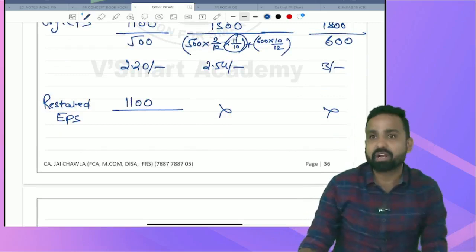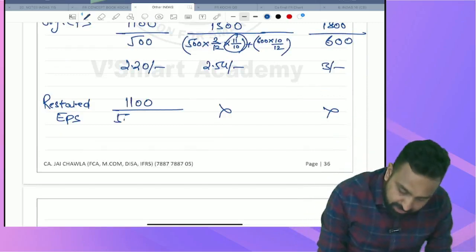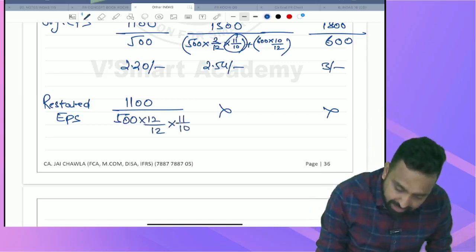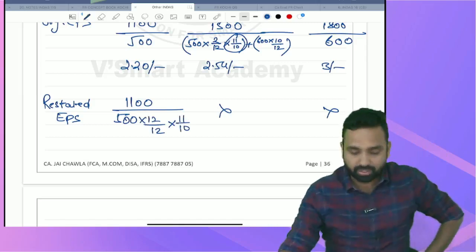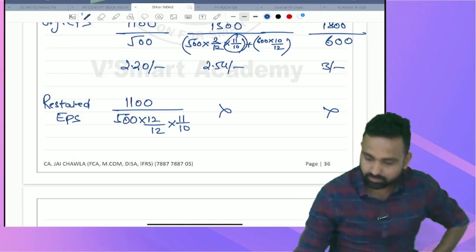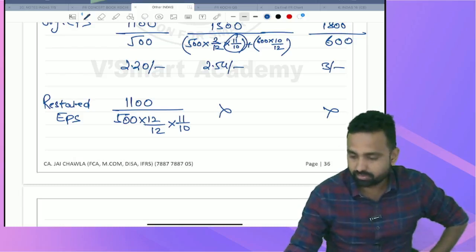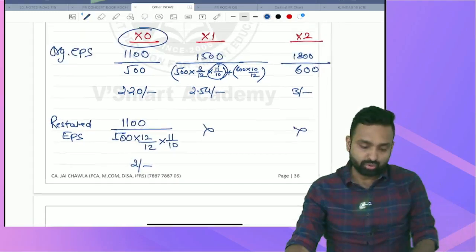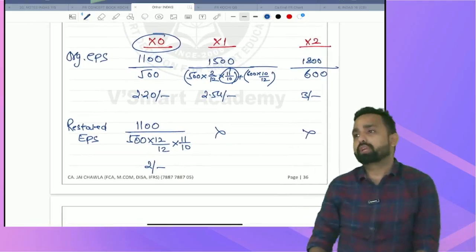Last year, how many shares were there? 500. They were outstanding for the whole year, 12 by 12, but multiply by that time right factor 11 by 10. Please calculate. It's 2 rupees. So this is how you calculate the rights issue.